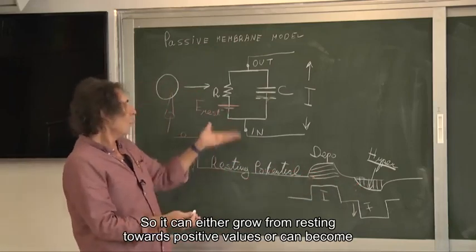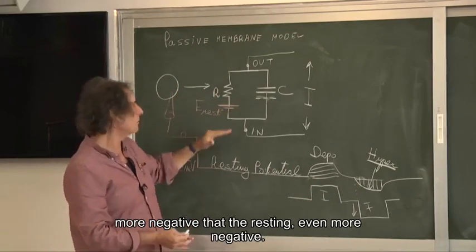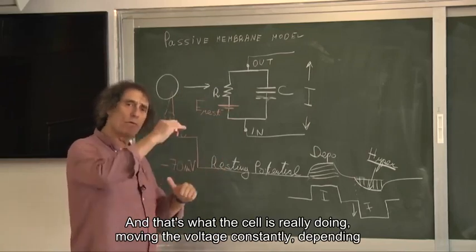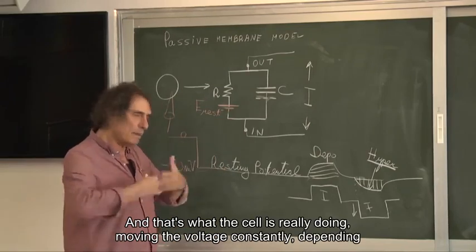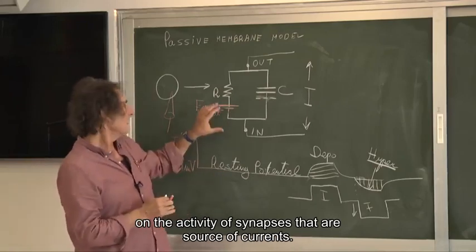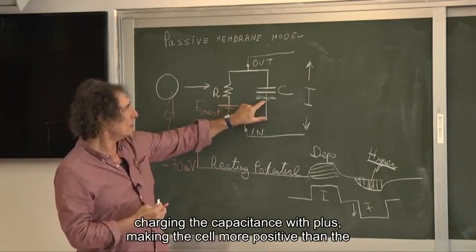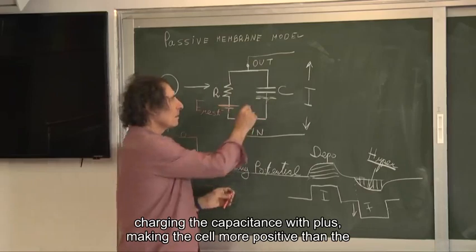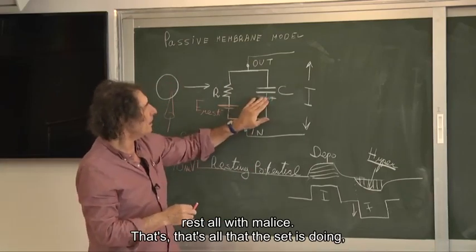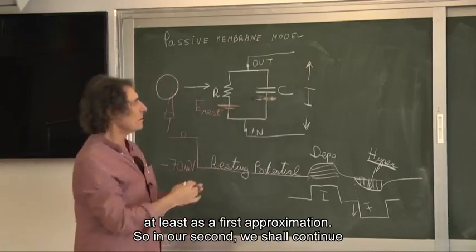So it can either grow from resting towards positive values or can become even more negative than the resting. That's what the cell is really doing, moving the voltage constantly, depending on the activity of synapses that are sources of current, either charging the capacitance with plus, making the cell more positive than rest, or with minus. That's all that the cell is doing, at least as a first approximation.